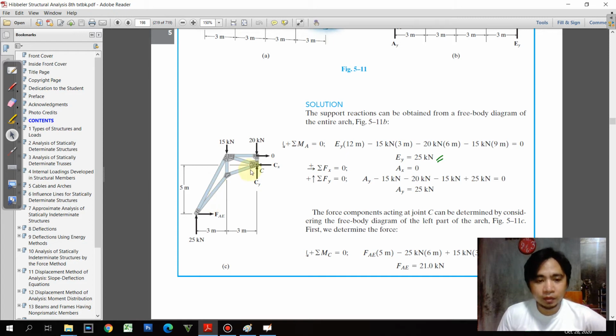Okay, so by that we are getting first FAE, a bar connecting A and E. So we take moments at A to solve that. Or sorry, moment at C, sorry.